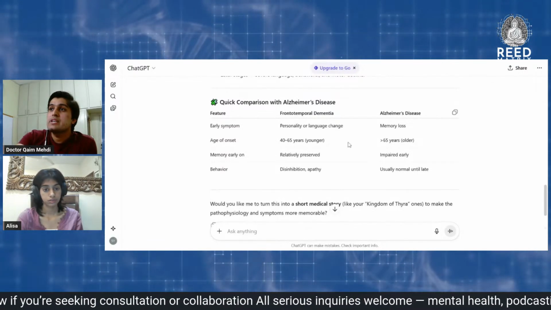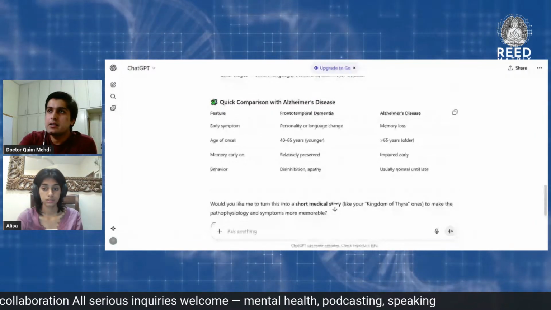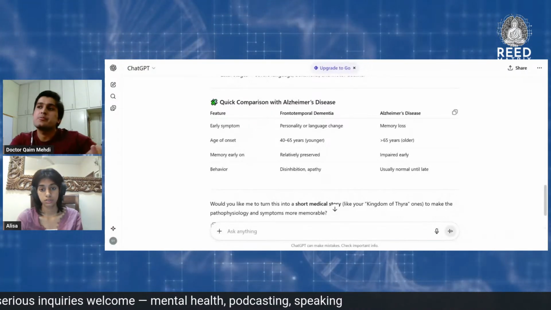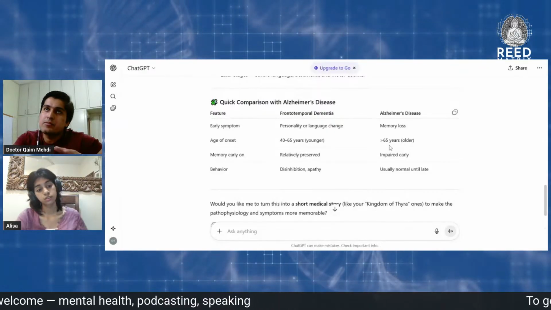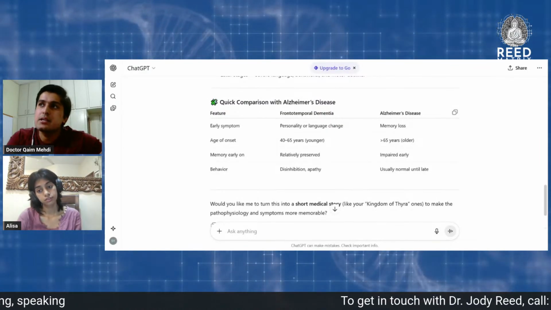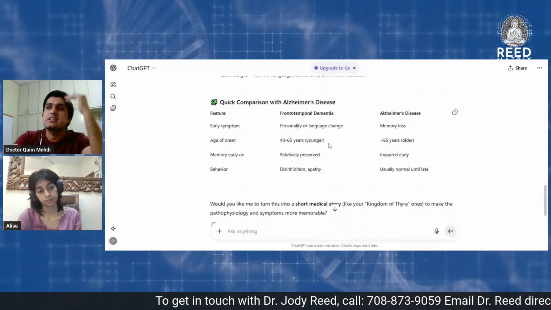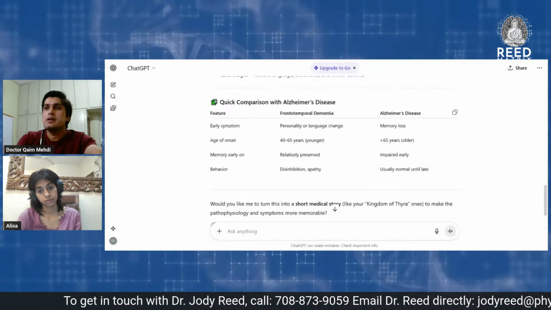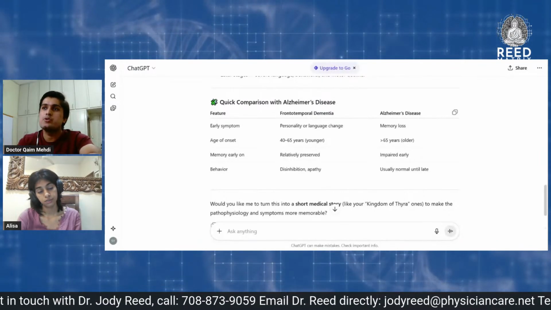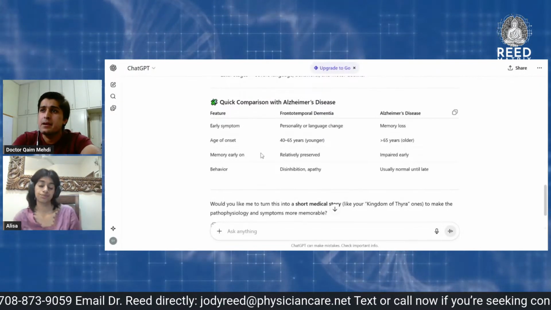Age of onset: we know that Alzheimer's is an old age disease. If a person is experiencing memory loss after 65 years, the chances are that he's having Alzheimer's disease, and if he's experiencing these symptoms in the time span of 40 to 65 years, then it is most probably frontotemporal dementia.